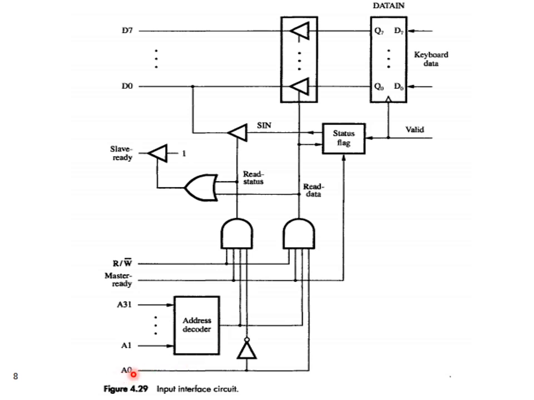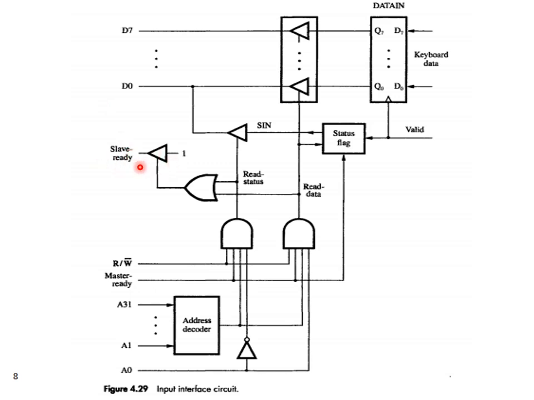That is to differentiate between reading the status bit or reading the data from the data in register. If the A0 bit is 0, then this line will also be 1, and thus this driver will be initiated, and the SN value available over here can be placed on the data bus of the processor, and it can be sent to the processor.